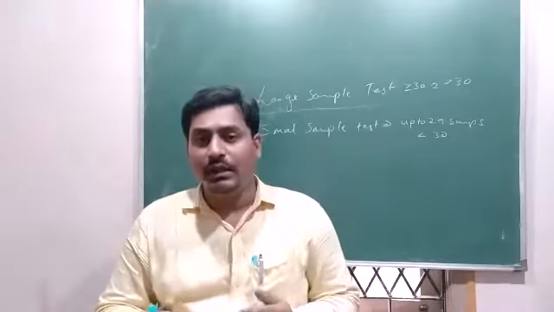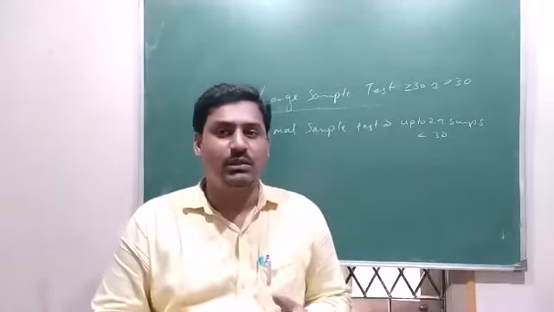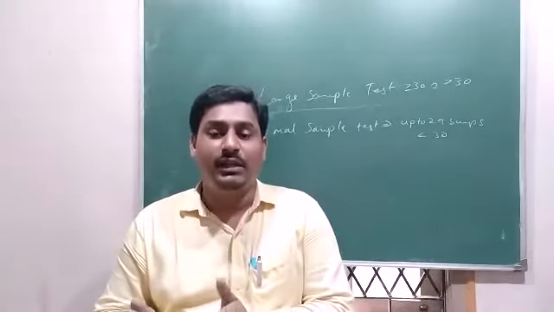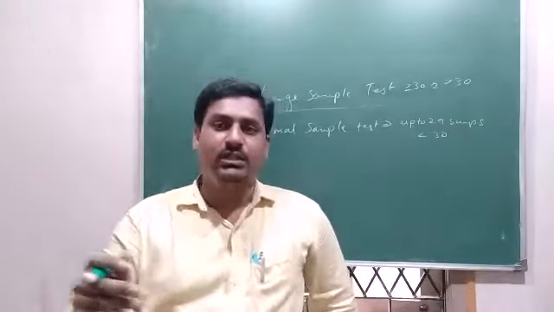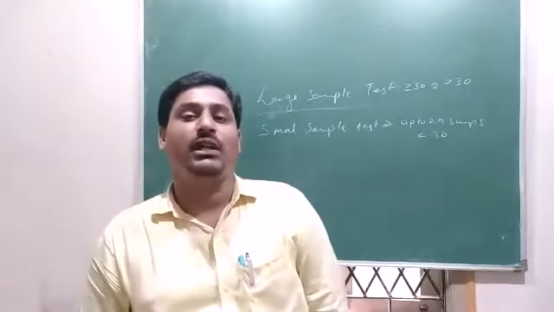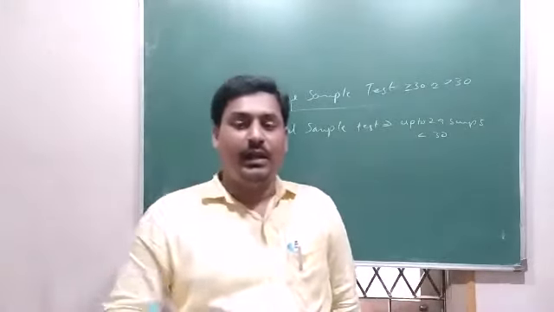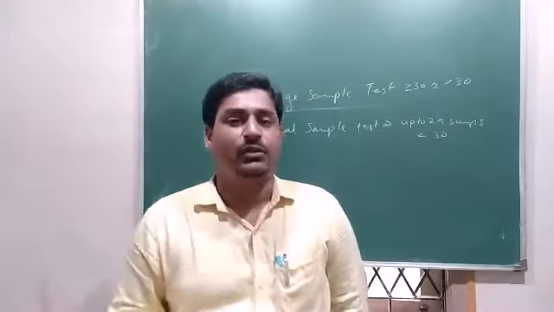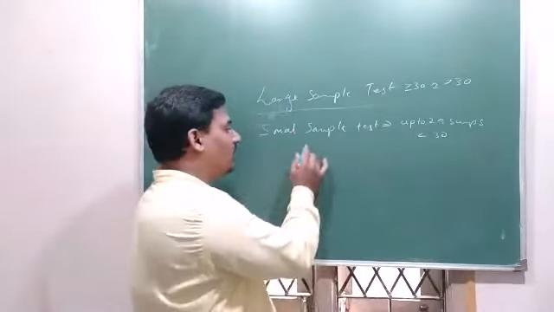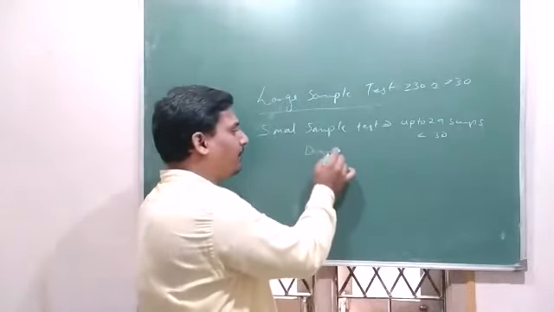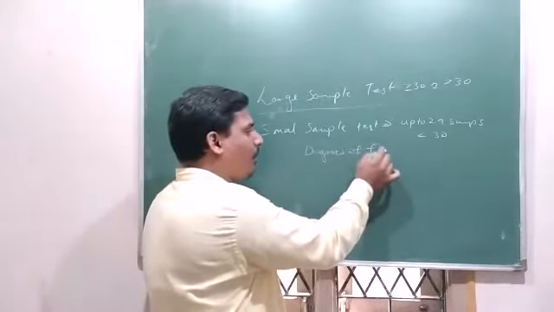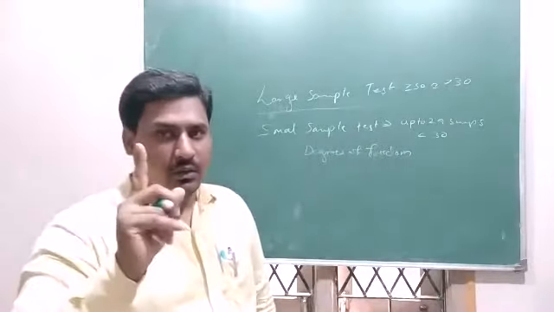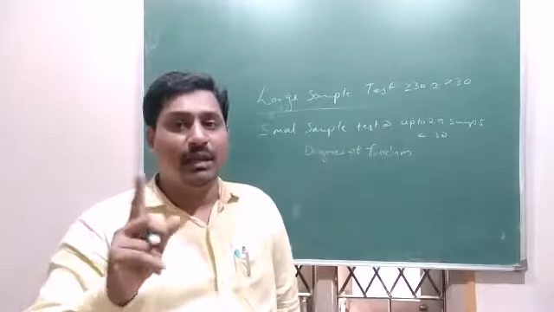So in the t-test, as we take a small sample size, we go for checking degrees of freedom, that is, the freedom in testing a particular item or observation under our study. Here degrees of freedom is always n minus 1.